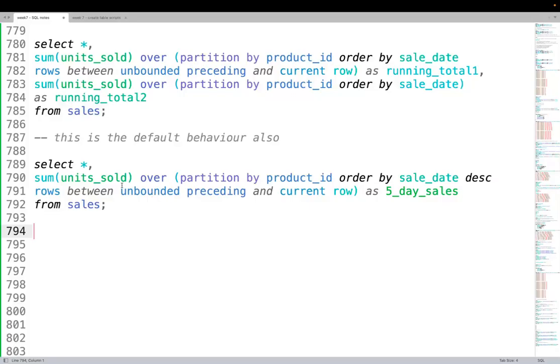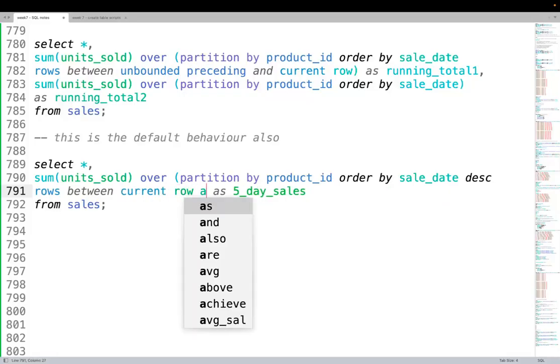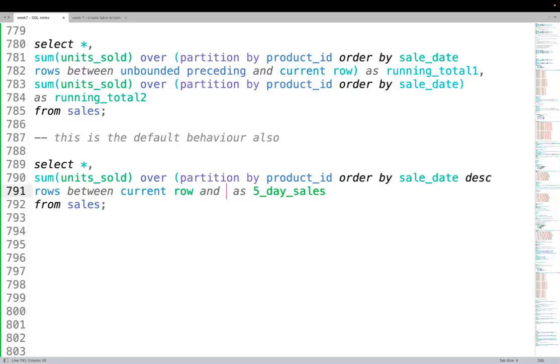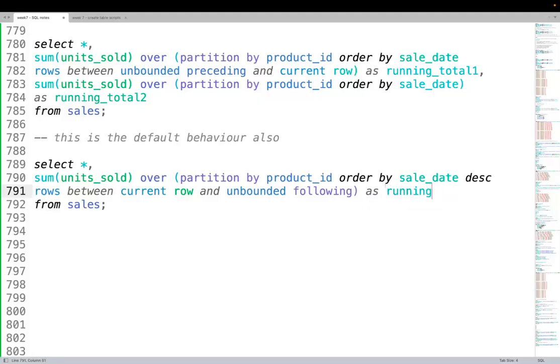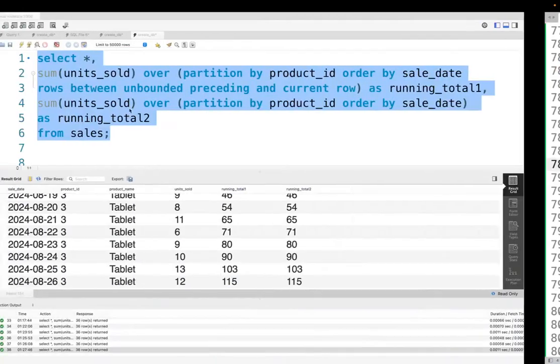Rows between, I will say current row and unbounded following, as running total. So what we are trying to do, let me run it and show it to you.